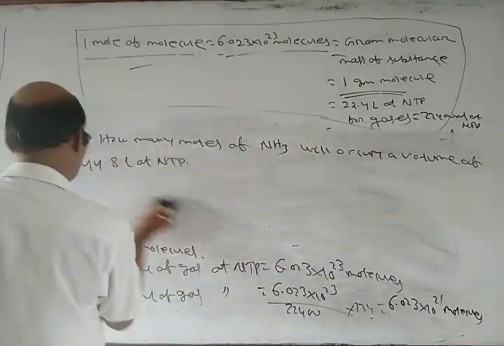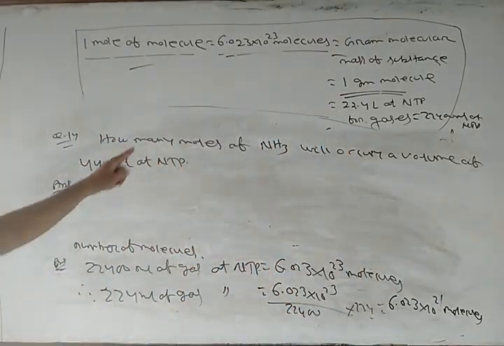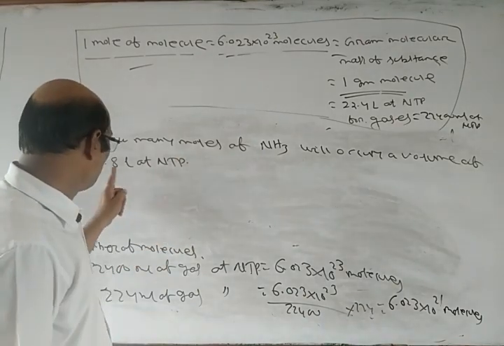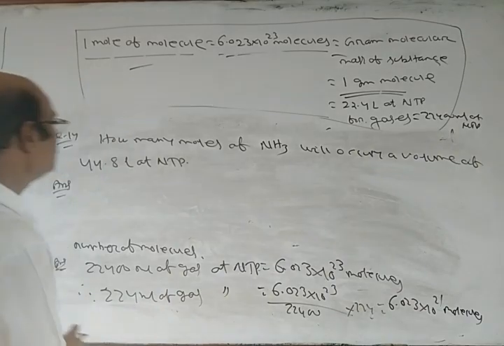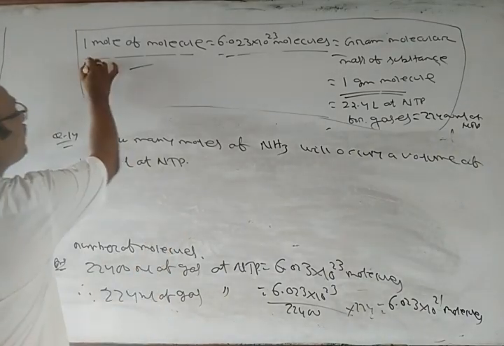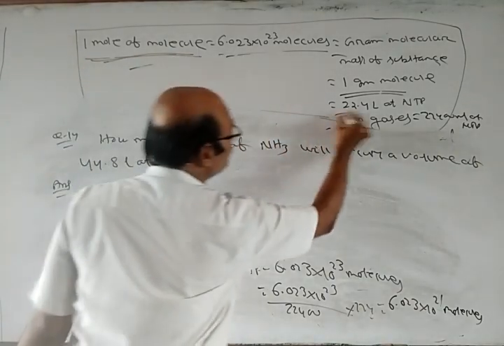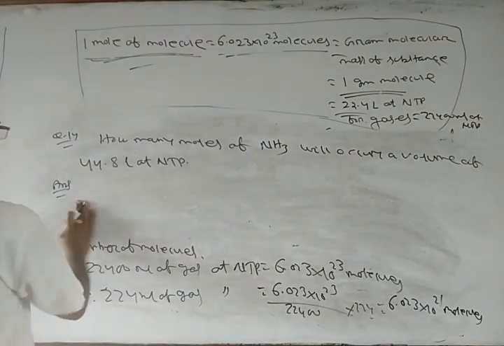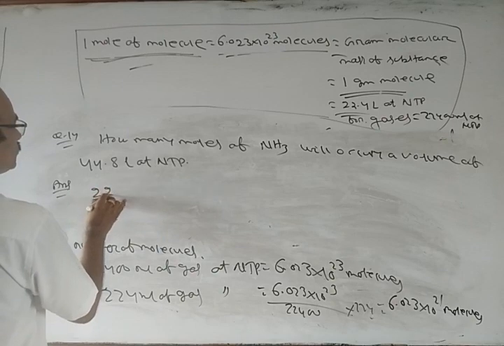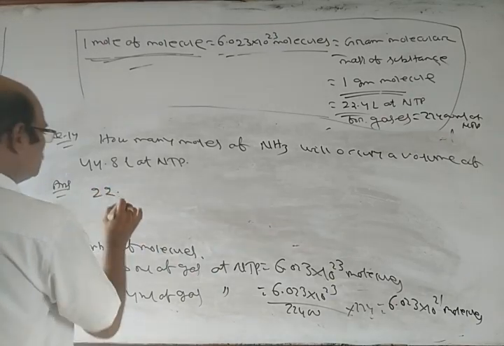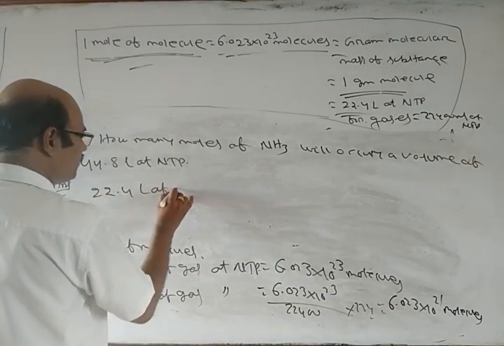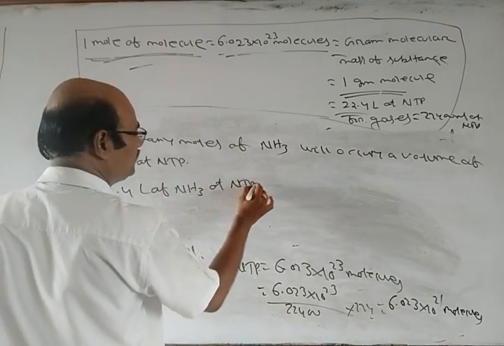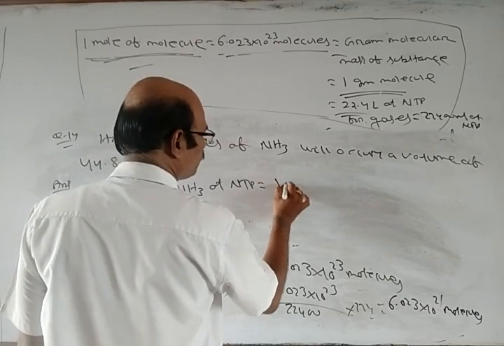See, we know 1 mole of a gaseous substance is equal to 22.4 liter. So 22.4 liter of ammonia at NTP equals 1 mole of ammonia.